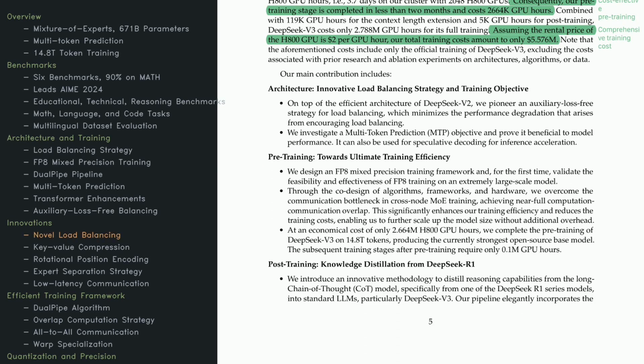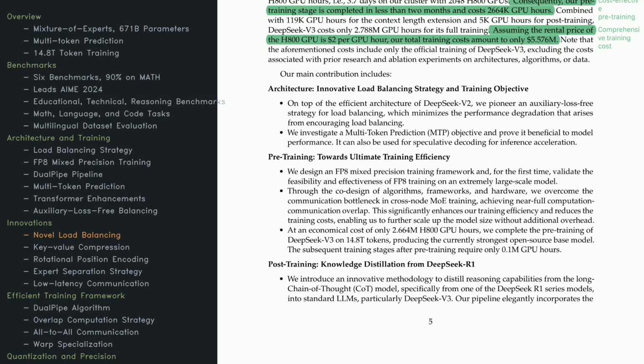This part of the paper splits DeepSeek V3's contributions into three key areas: architecture, pre-training, and post-training. Under architecture, the model introduces a way to balance computational loads without extra penalties. No more auxiliary losses. It also features a multi-token prediction goal that speeds up both training and inference.